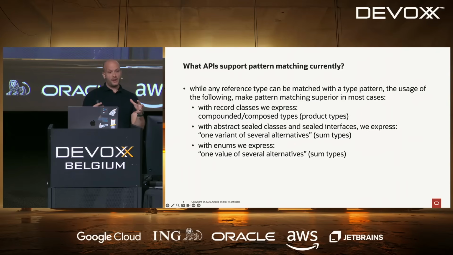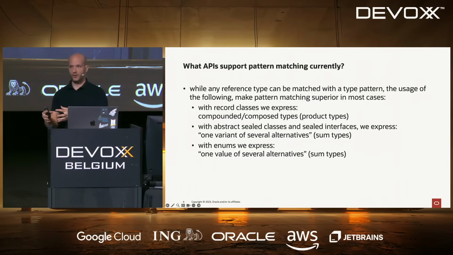And now, by using those, pattern matching can give us more guarantees about our code, okay? And when we recompile our program, something can fail statically, as opposed to a visitor, where you needed to go to the methods, change them, and add methods to support a new variant.